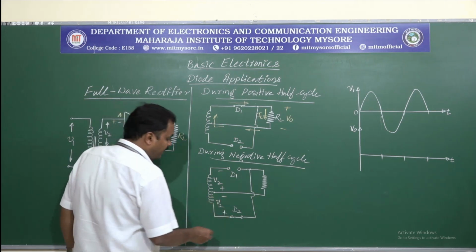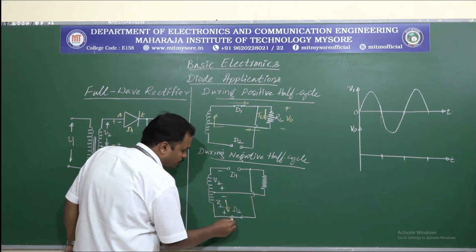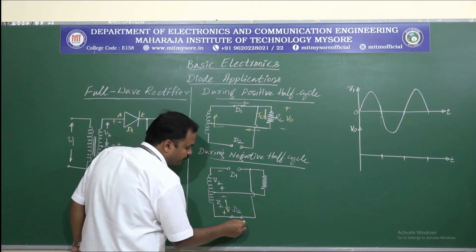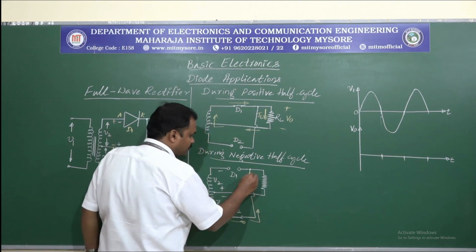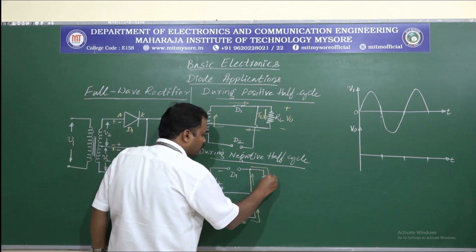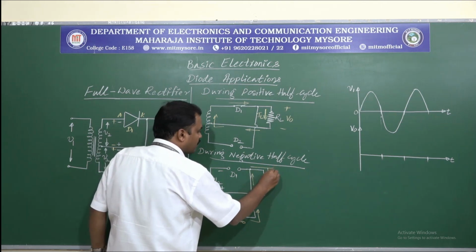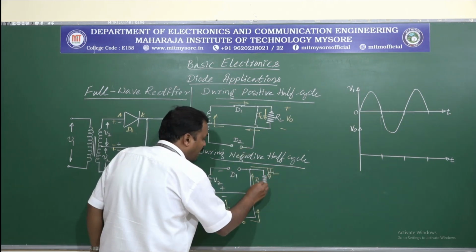So now the current will be flowing in this direction through D2, and then it moves up like this, comes to this point and flows in this way. So let us call this IL and this is RL.